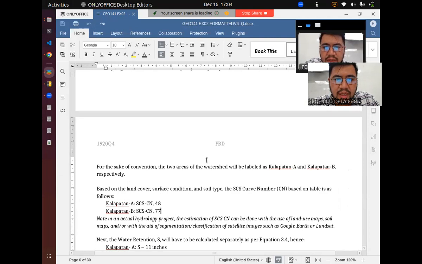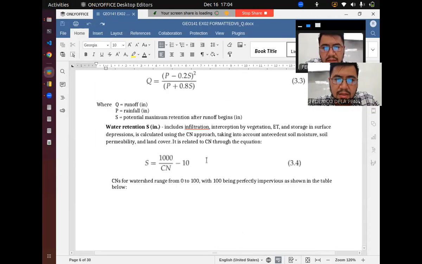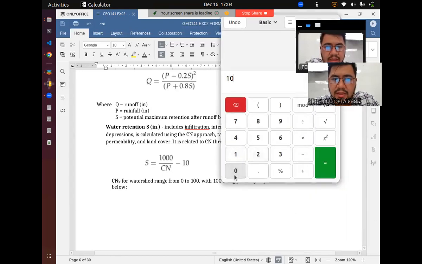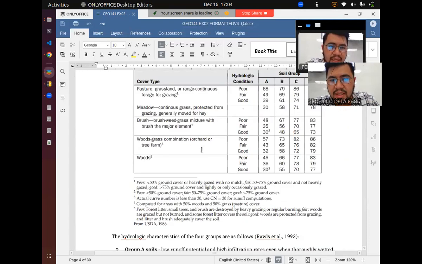So let's start with 48. 1,000 divided by 48 minus 10, and you get around 10.8 inches.